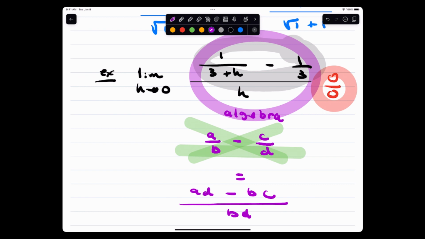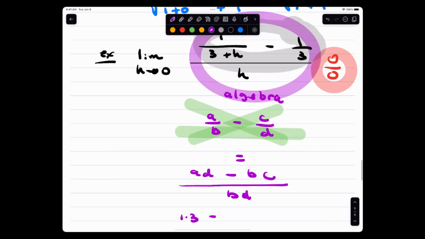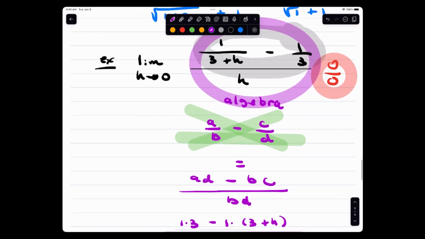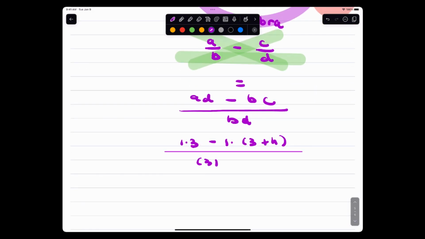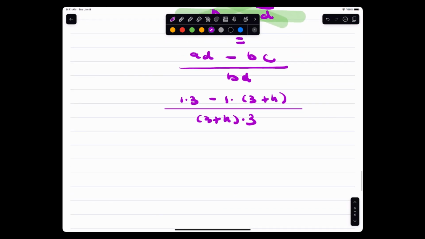So what does that now give you? 1 times 3 minus 1 times 3 plus h, everything over 3 plus h times 3. Okay, and don't forget, that's just your numerator. This is all over h.